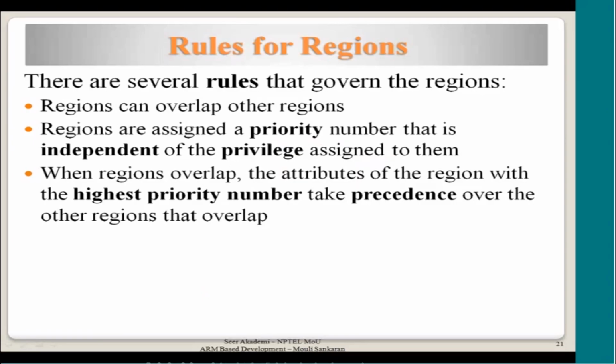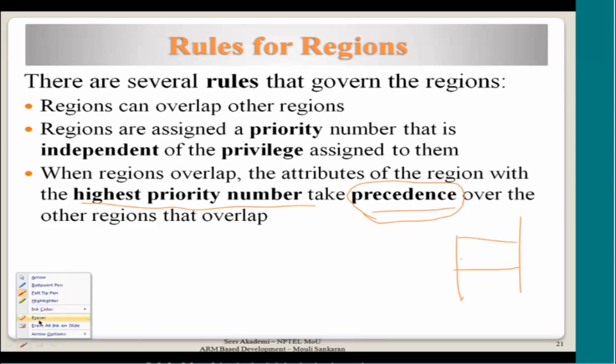When regions overlap, the attributes of the region with the highest priority number take precedence. That means if a priority number is higher, then it has higher precedence. Suppose two regions are overlapping, as I told you.